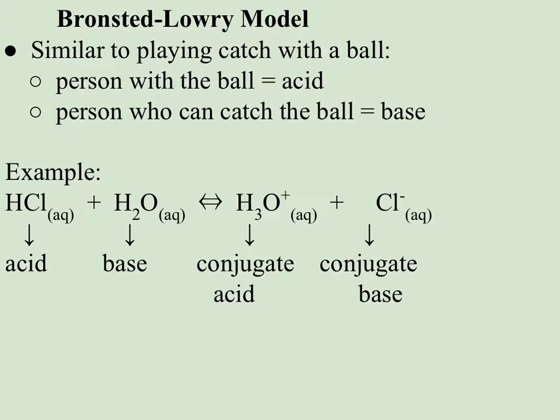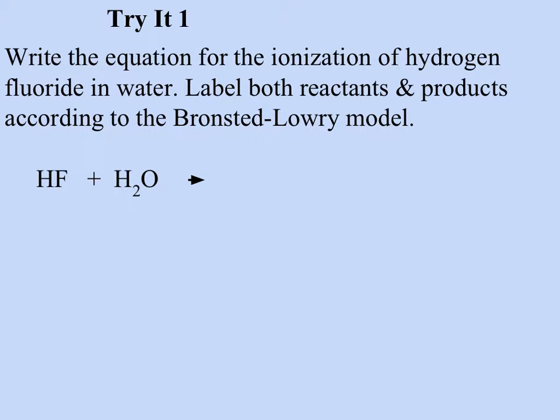So there's my acid-base pair. Water, on the other hand, accepts that H+ to become H3O+. So since it gained H+, it's a base, but it could now lose that extra hydrogen. So it now functions as an acid. So I have my acid and conjugate base pair, my base and conjugate acid pair.